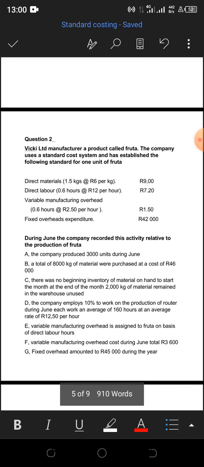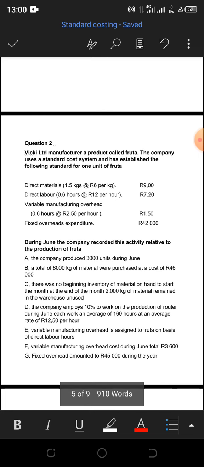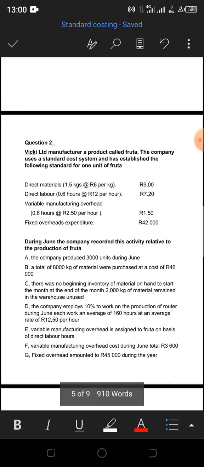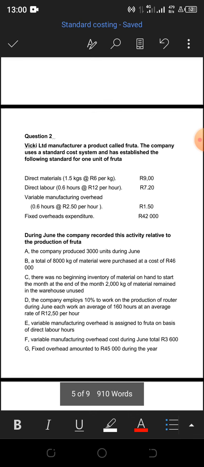Because the plan was to determine the direct material by 1.5 kg at a rate of 6 rand, which means that to convert back to standard quantity, we have to multiply by the kgs that we have under standard cost.